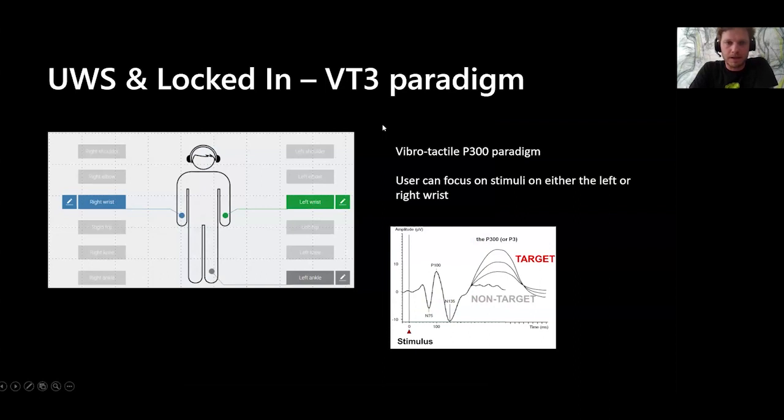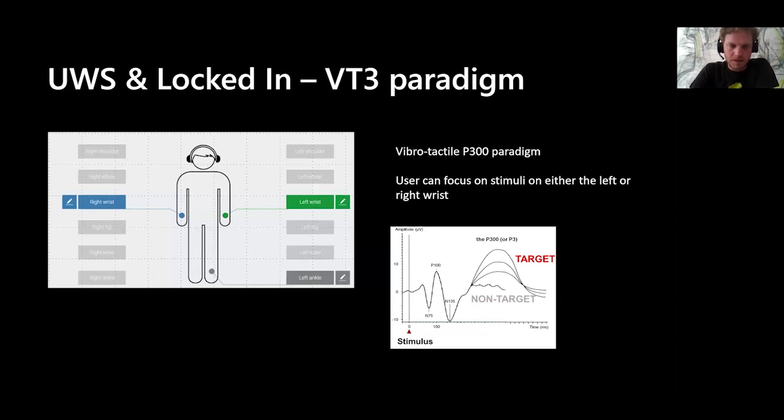This is a vibrotactile paradigm. This is also something we call the VT3 paradigm, because we have 3 different vibrotactile stimulation sites. There is one vibrotactor, something that vibrates, on the right wrist, one on the left wrist, and one on the left ankle.